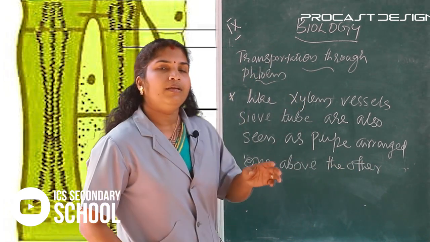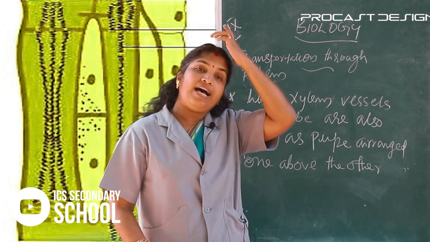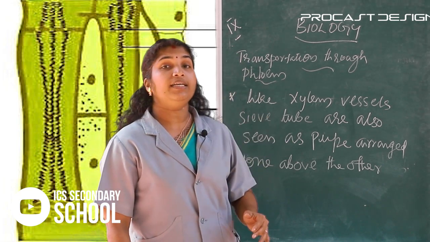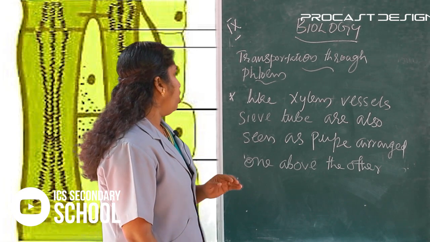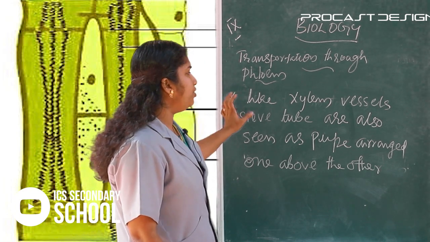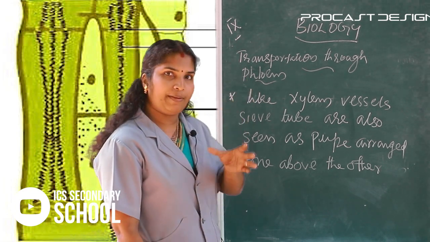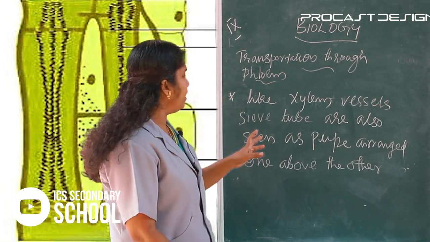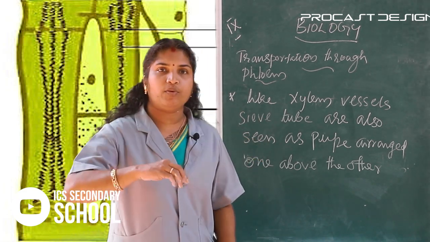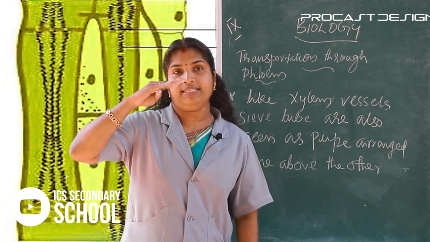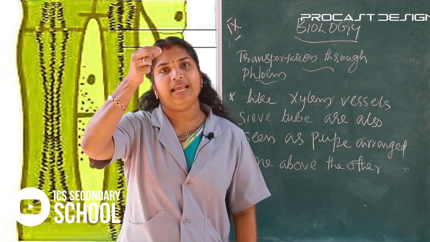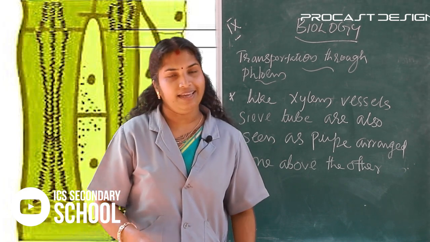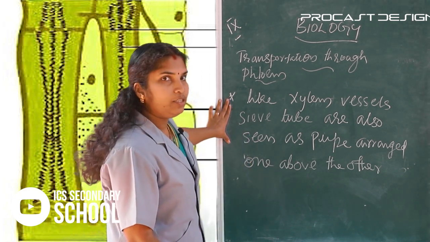In the xylem, the vessels are arranged one above the other and the walls between them disintegrate.